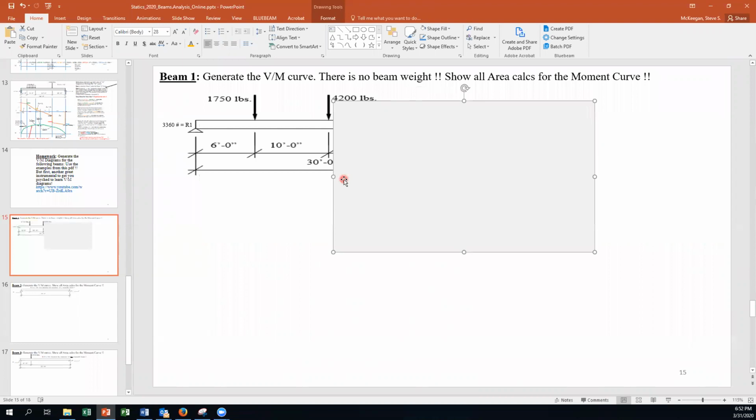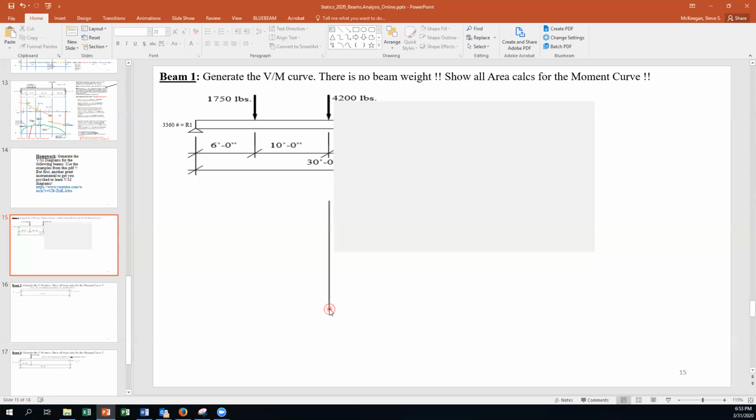Negative 2590. So at this point the shear curve, and really it's not a curve, it's a straight line, will be at 1610, and then it'll go down to negative 2590. So those are the 2 values of the shear curve at that concentrated load.